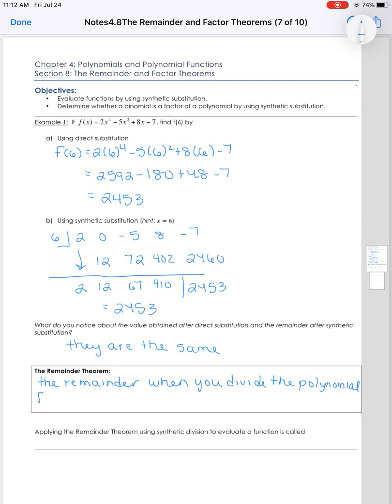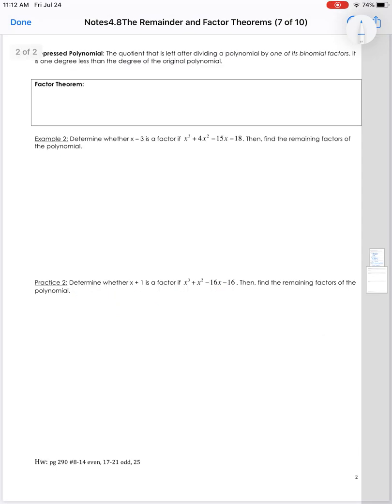Basically, what the remainder theorem is now going to tell us is that the remainder when you divide the polynomial f of x, in a general sense, by x minus r is the same as f of r.